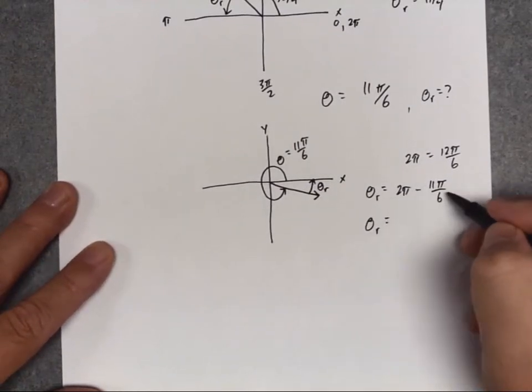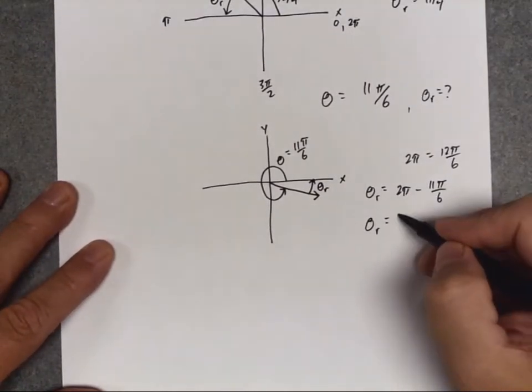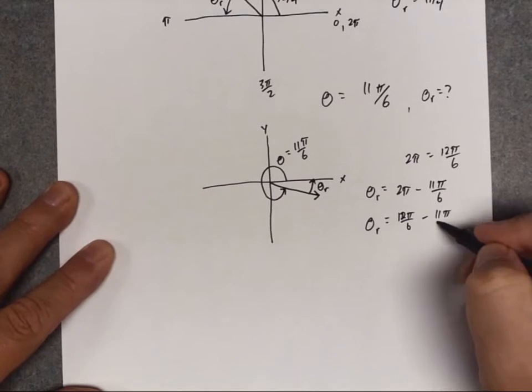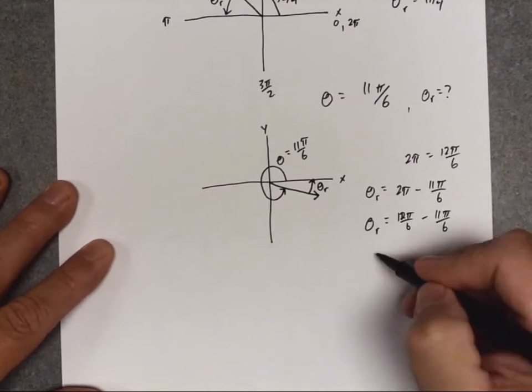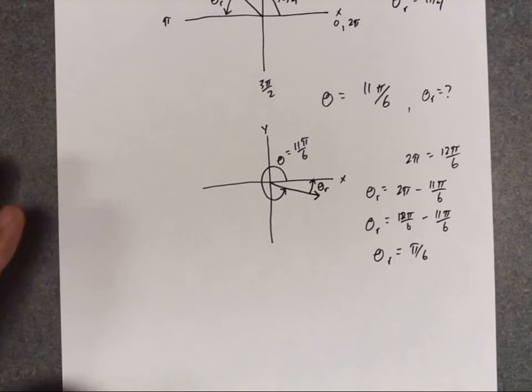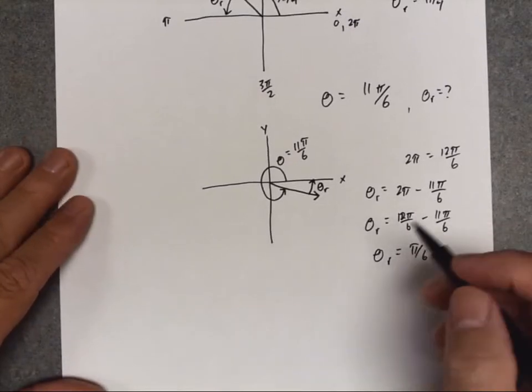So mathematically, I'm going to change 2 pi to 12π/6 minus 11π/6. Turns out that reference angle would be pi/6. Let's do a couple more.